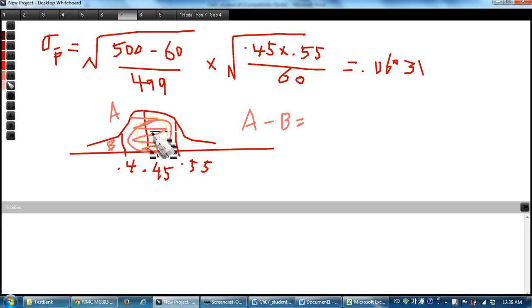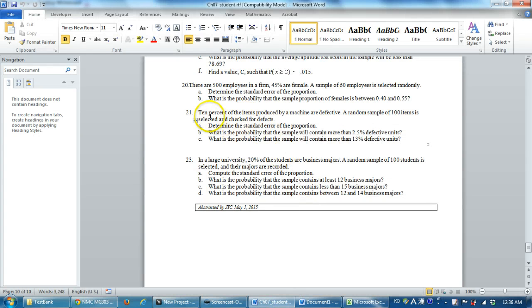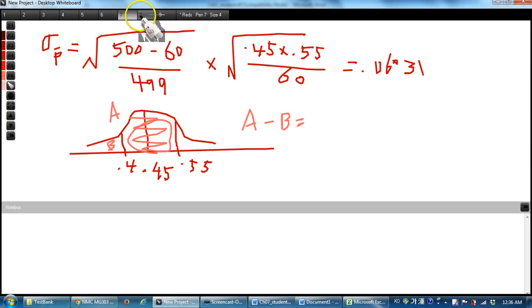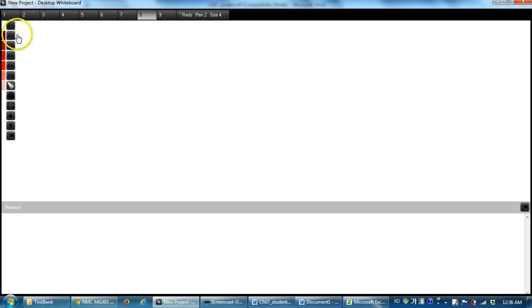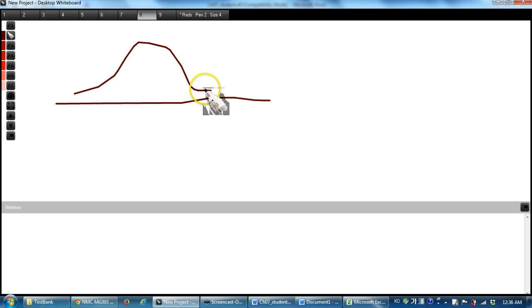Okay. Question number 21 is the same kind of deal. In this case, 10% of the items produced by a machine are defective. A random sample of 100 items is selected and checked for defects. A, determine the standard error of the proportion. So in this case, why don't we draw the normal bell curve?